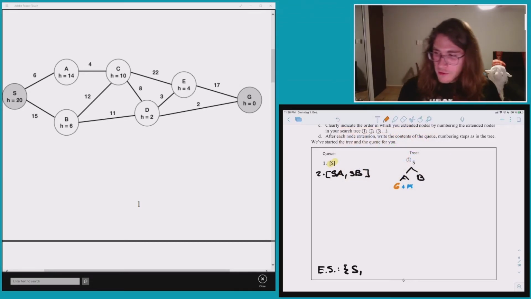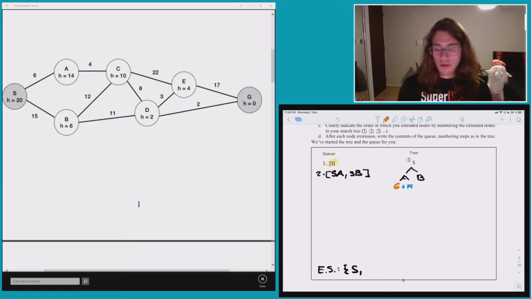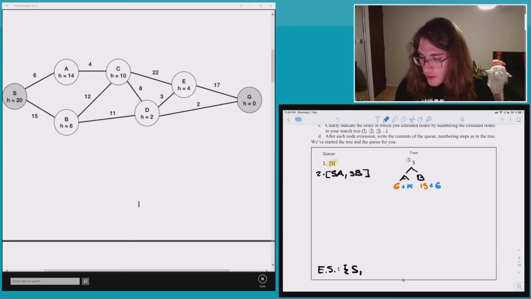If you've forgotten how to do this mixed path length plus heuristic, I recommend you go to the earlier recitation video as usual, as I actually did to verify the beam search details. So I partake in my own recommendations, but I'll briefly explain it as I go along. So we have a path length of 15 here, plus a heuristic value of 6, for a total of 21, which means SA is first in the queue and then SB.